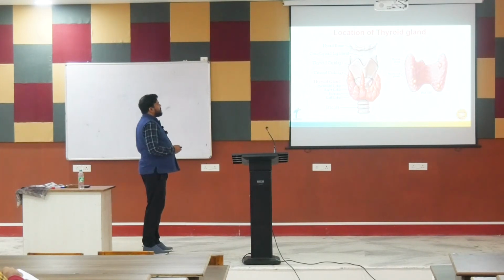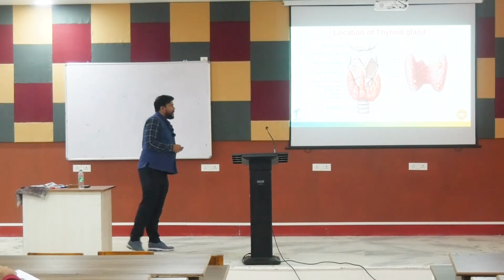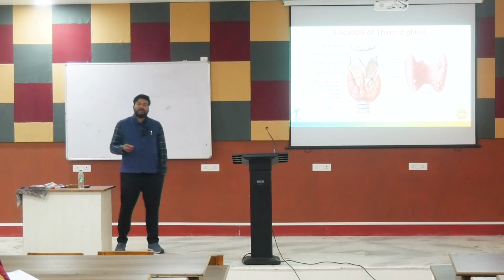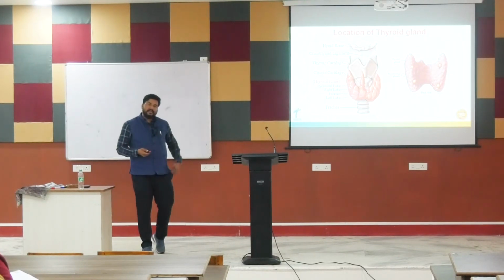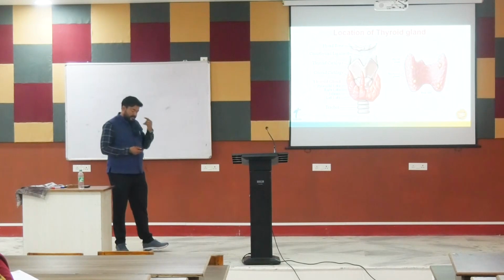This is the cricoid cartilage. This is the right lobe, this is the left lobe. Sometimes there is a pyramidal lobe in the thyroid, and the lobes are connected by the isthmus. This isthmus is usually located in front of the first and second tracheal rings.